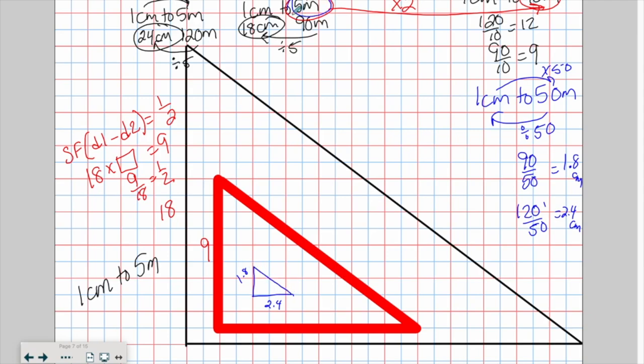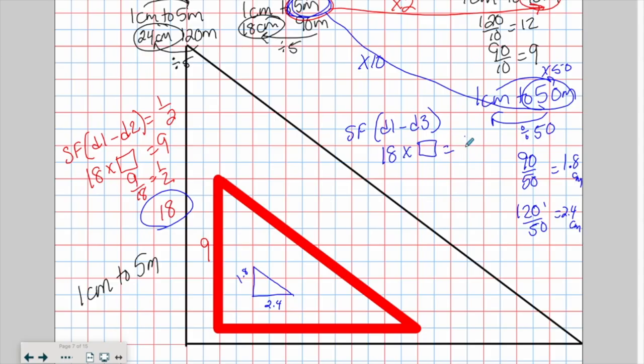And to go from the first scale to the second scale, we're multiplying the number of meters in the scale by 10. If we look at the scale factor from the first drawing to my third drawing, 18 times what equals 1.8? If you do 1.8 divided by 18, you get 0.1, which is 1/10.